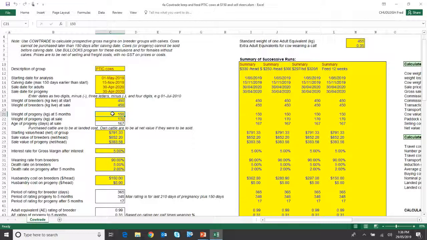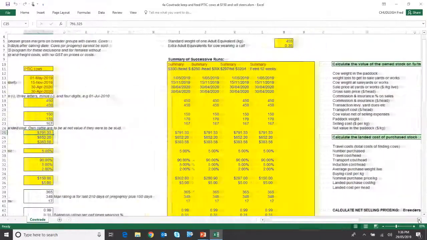So up until 5 months old, we have a rating on the lactation stress of the cow, the pregnancy, extra consumption of food, and then once the calf is 5 months old, we add a little bit into the calculation for that as well. So that's how we accommodate that. We value these cows into the paddock.